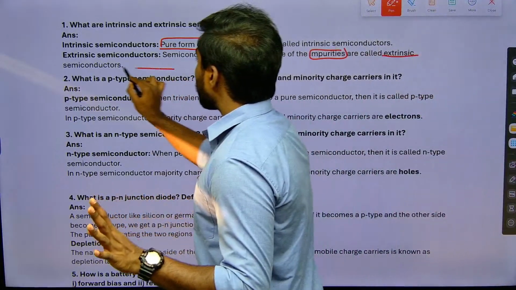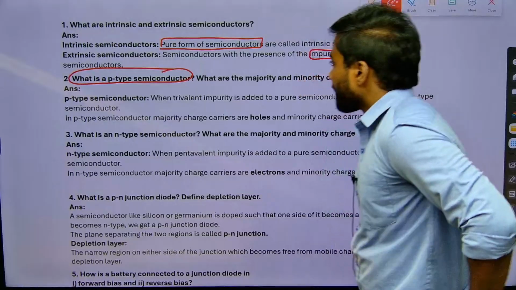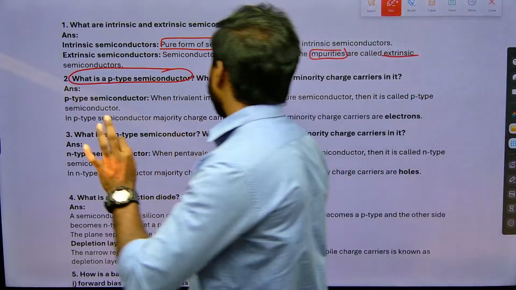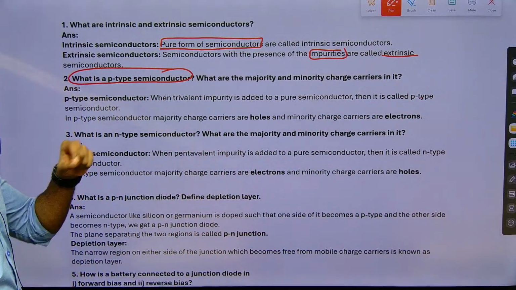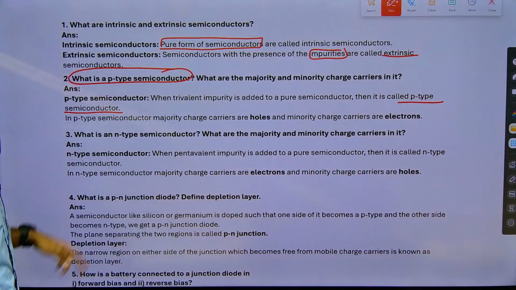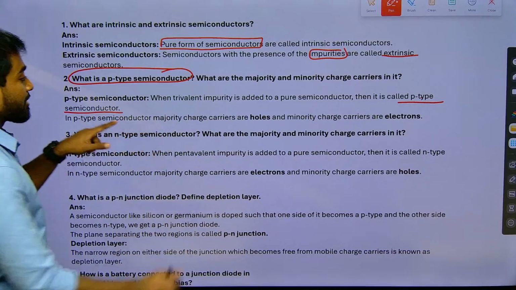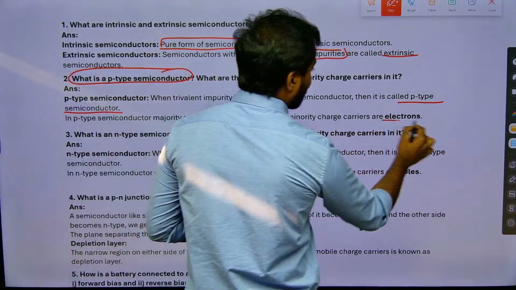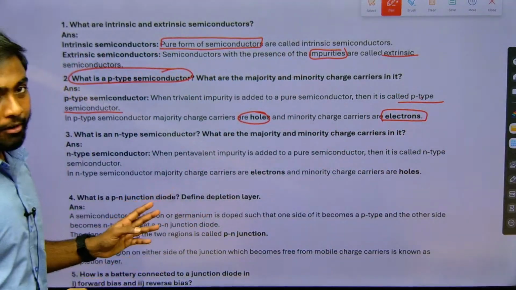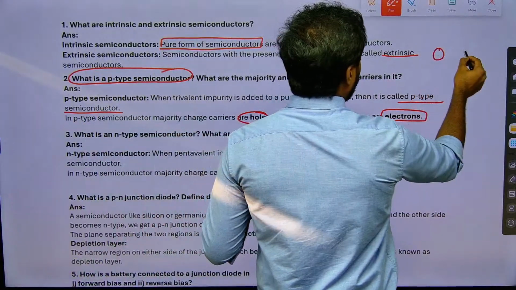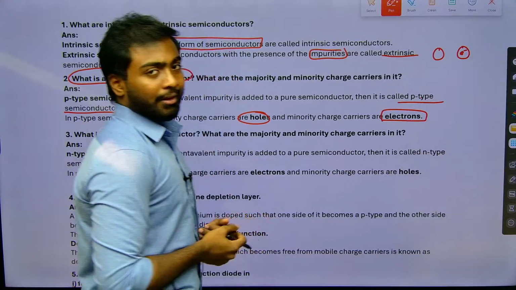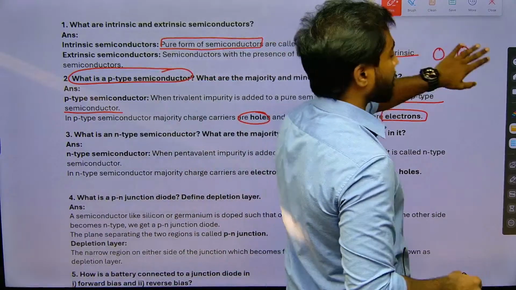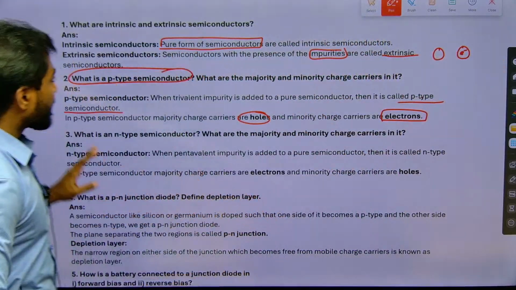A p-type semiconductor is formed when trivalent impurities are added to a pure semiconductor. In a p-type semiconductor, the majority charge carriers are holes, and the minority are electrons. Either a hole or an electron will be the majority; if this is major, that one will be minor, and if this is minor, this is major.